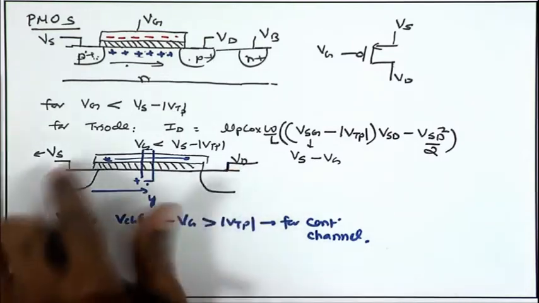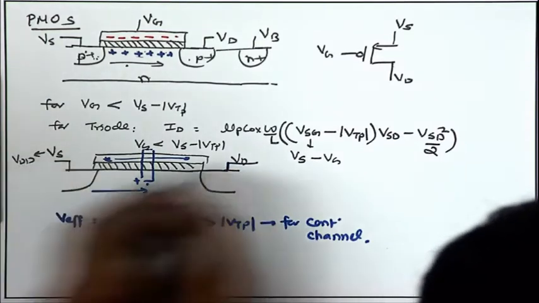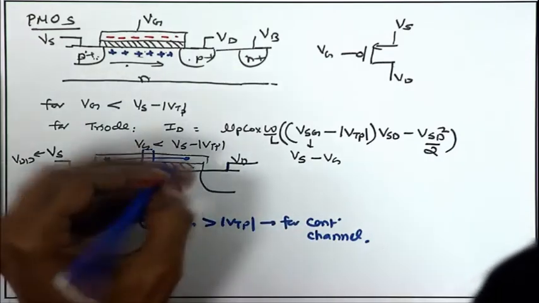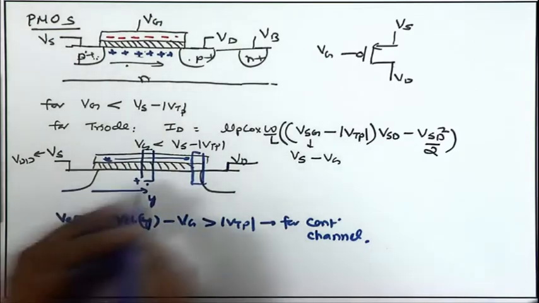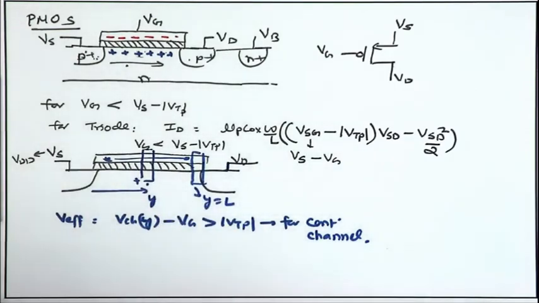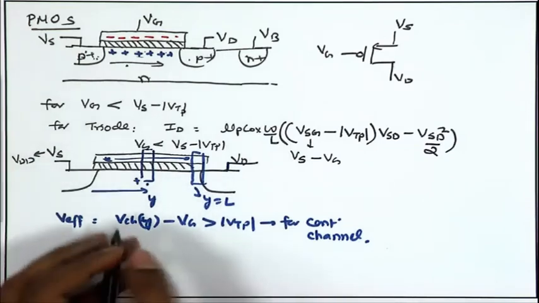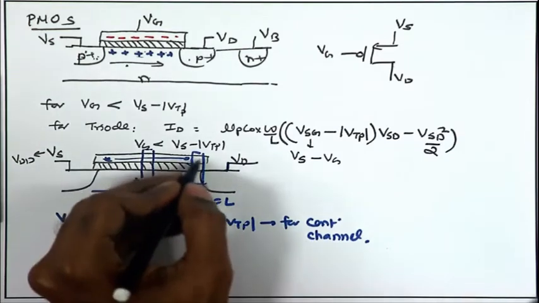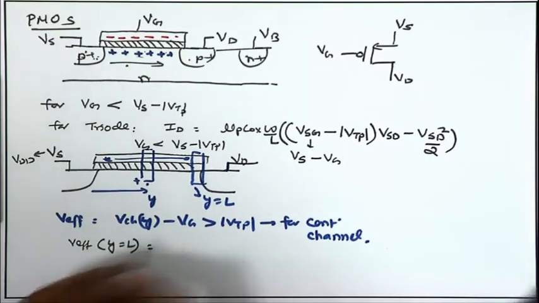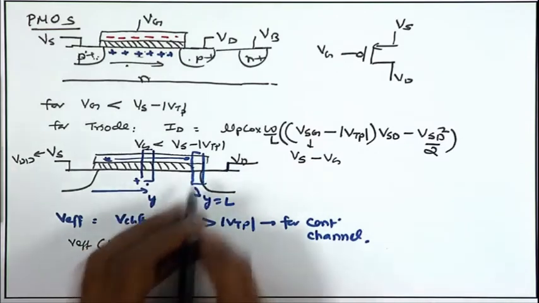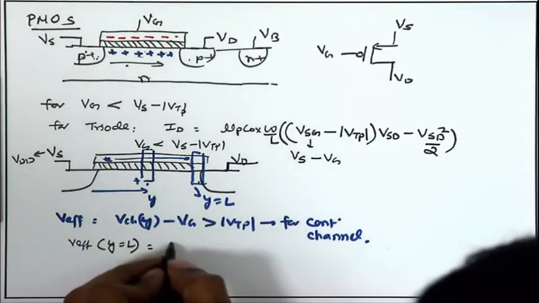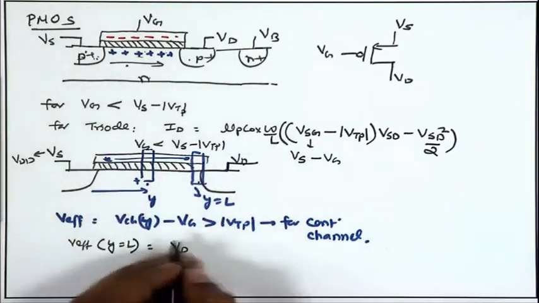As compared to Vs, which was initially equal to Vdd, you are reducing Vd, taking it lower and lower. Then of course, at the drain end of the channel, which is y equal to L, the V effective at y equal to L is going to be V channel, which is close to Vd. So, this just becomes Vd and the gate potential is Vg.